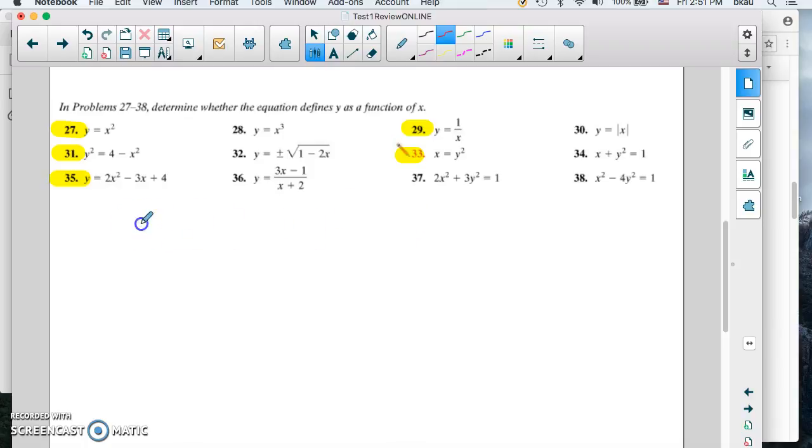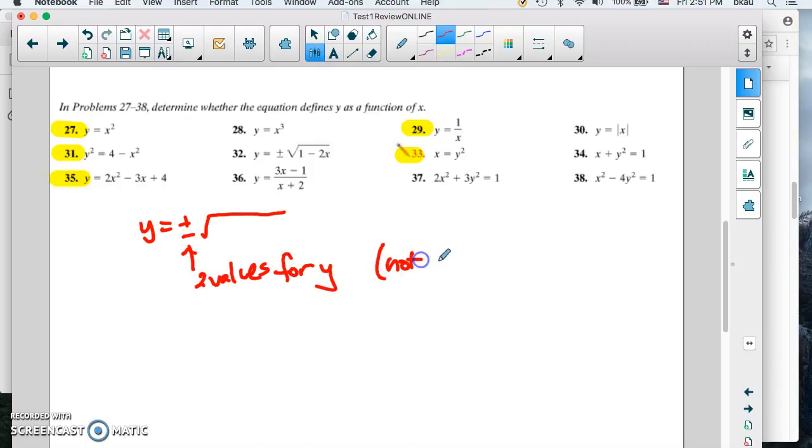If when we solve it, y equals plus or minus a square root of a value, then that means we'll have two values for y. So that's not a function, because it gives you two values of y for each value of x.